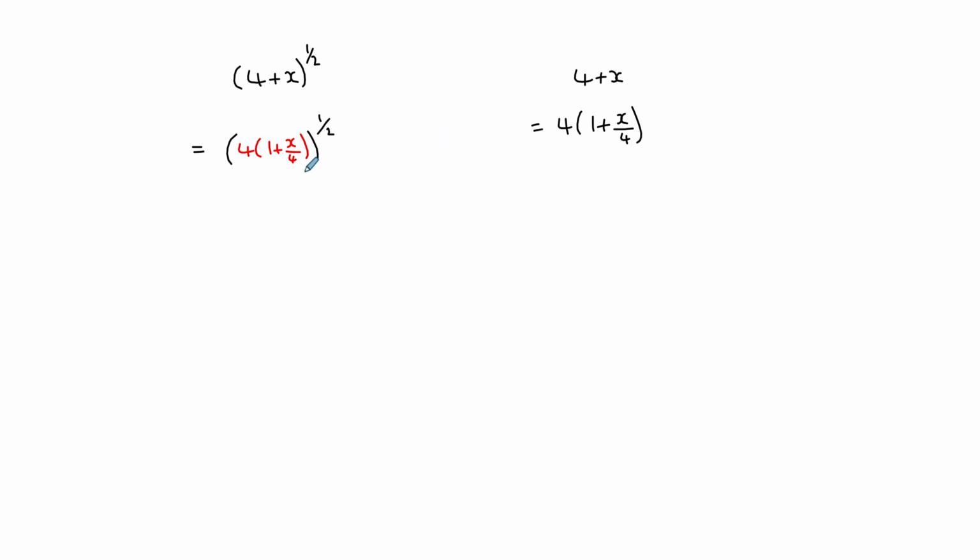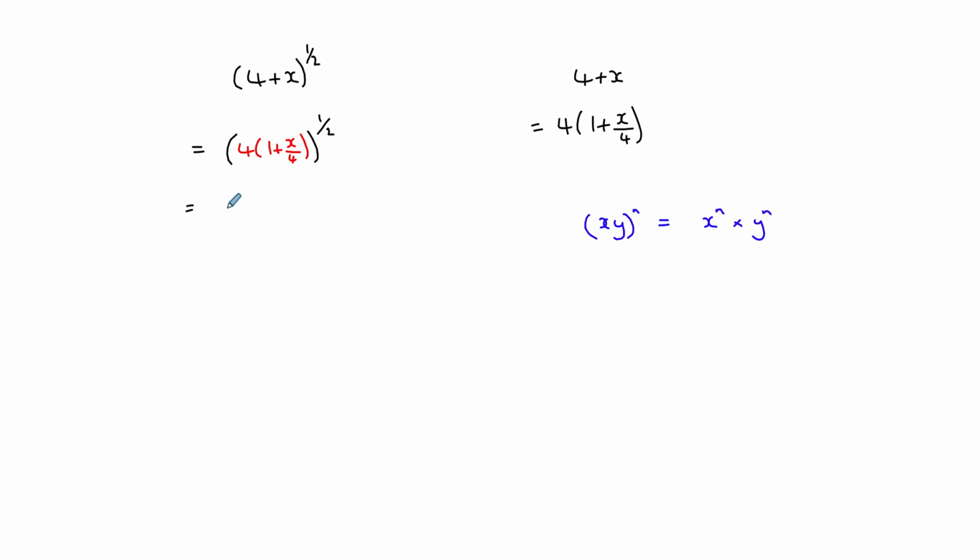And there's one more step that we can take to get it looking the way we want, and that's to remember a rule from GCSE, which is, probably even earlier than that, that 2 terms multiplied together raised to a power is the same as each of those terms raised to that power. So what I can now do is apply the power of a half to the 4 and then the power of a half to this bracket here.